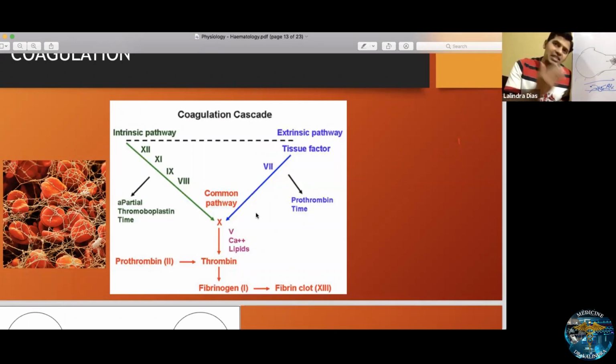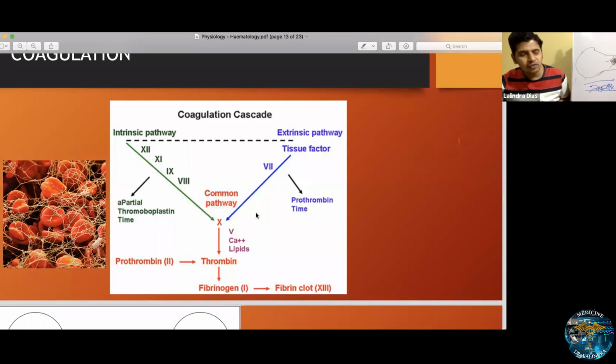And when there's a factor 7 deficiency, you get prolongation of the extrinsic pathway. That means you have prolongation of prothrombin time, which is also reported as INR, PT-INR. So when you have a problem of the extrinsic pathway, that is when there's a factor 7 deficiency, it can be detected by doing the PT-INR. So prothrombin time will be prolonged.